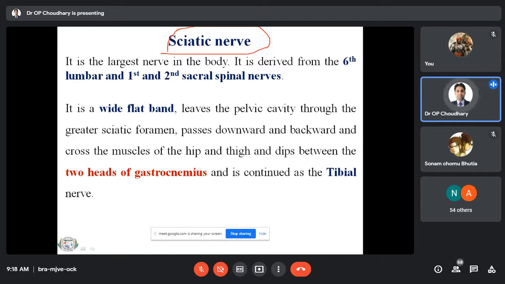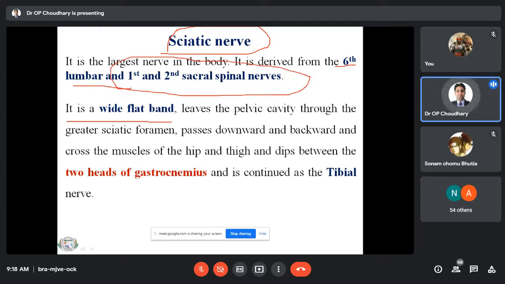In the cranial nerves, two things are important: the longest cranial nerve is the vagus, and the largest cranial nerve is the trigeminal. However, here the largest nerve of the body is the sciatic nerve, and it derives its fibers from the 6th lumbar and first 2 sacral spinal nerves.